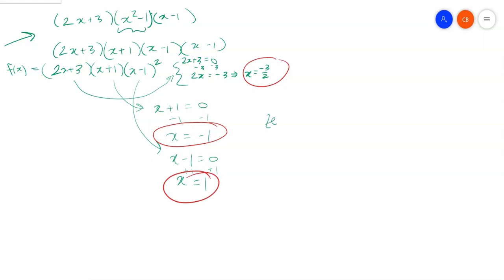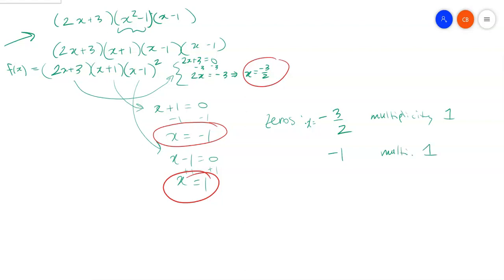So the zeros that we come up with are -3/2, and since that term that gave us the zero of -3/2 is to the first power, then we should say with multiplicity of 1. And it's not a problem maybe to just say x equals here as well. x equals also -1. And that came from this factor that has the power of 1 as well, so we would also use for this one multiplicity of 1.